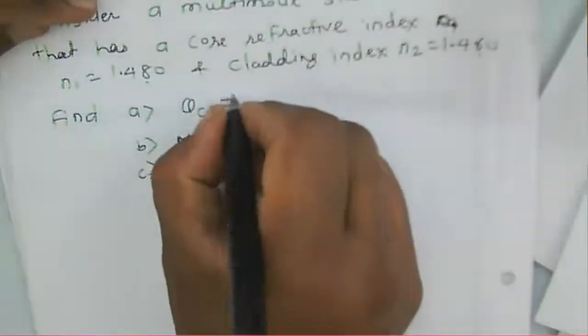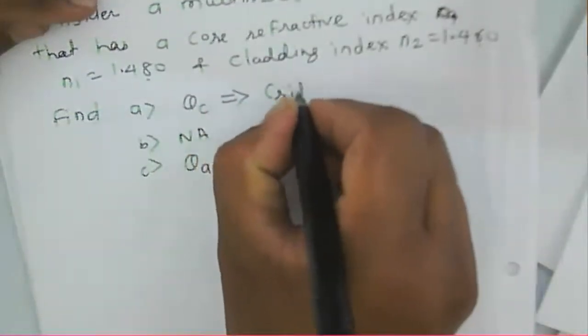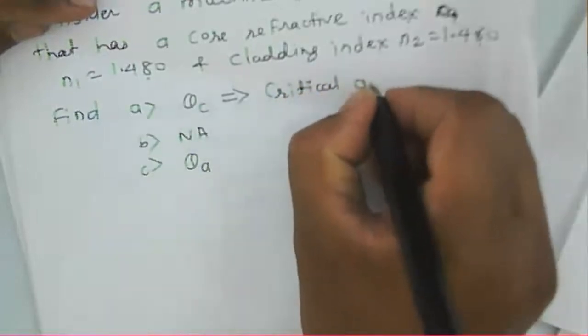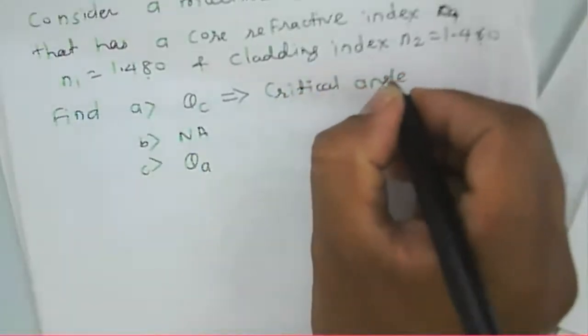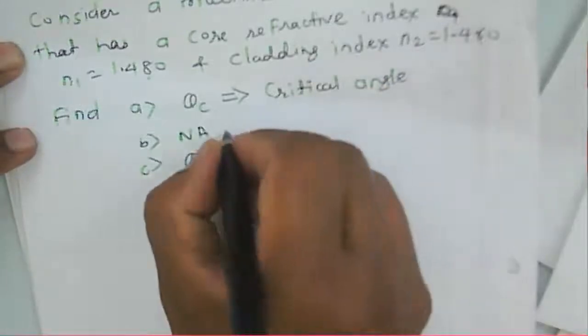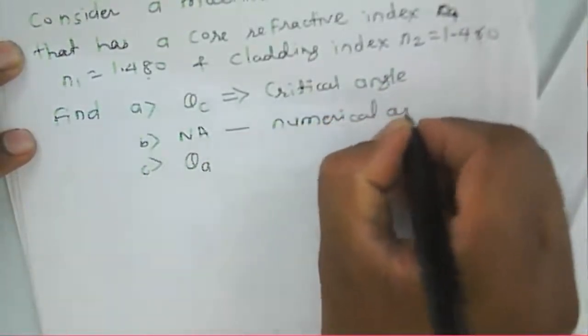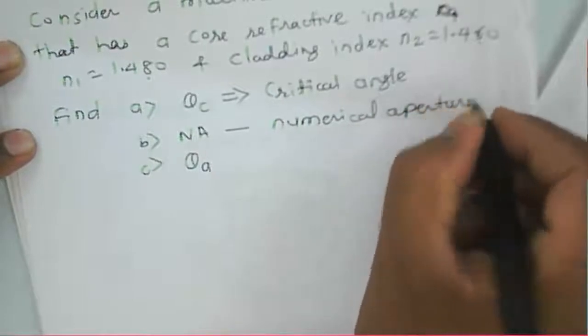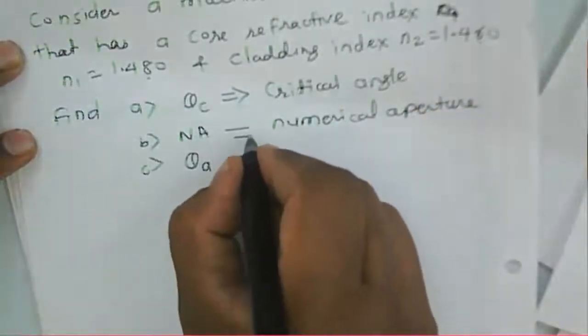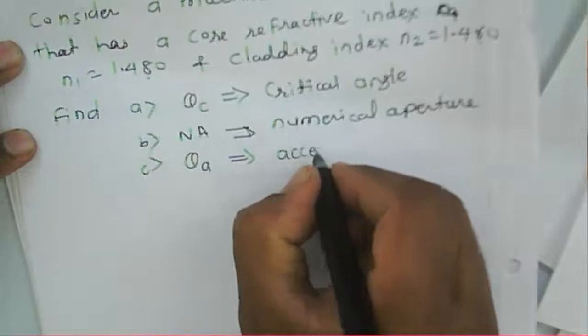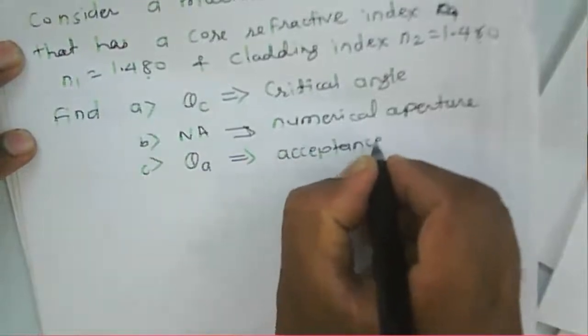That is called the critical angle. This one is called the numerical aperture, and this one is called the acceptance angle.